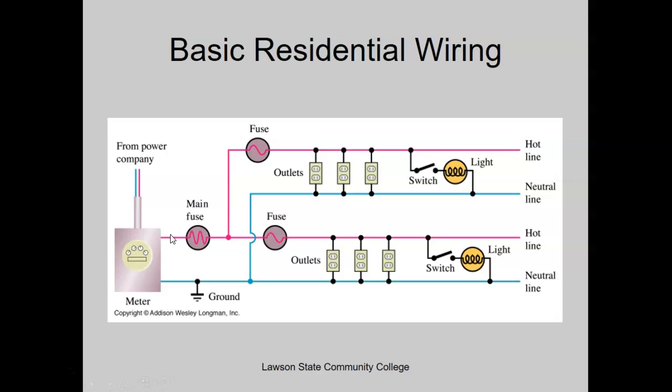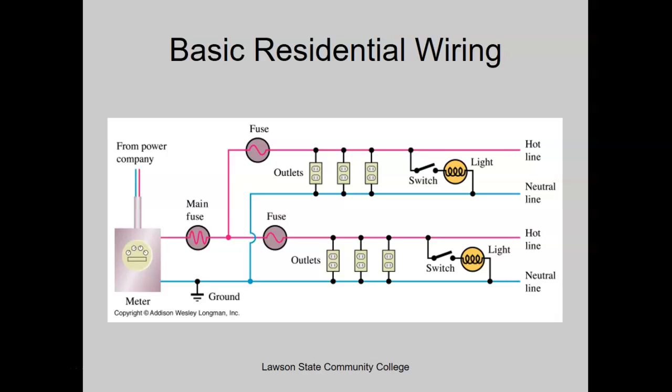All right, so this is how your basic residential wiring is. You have your hot and your neutral. And these days you also have a ground line to just about everything. Why? Because grounding something out is safer than having it ungrounded.